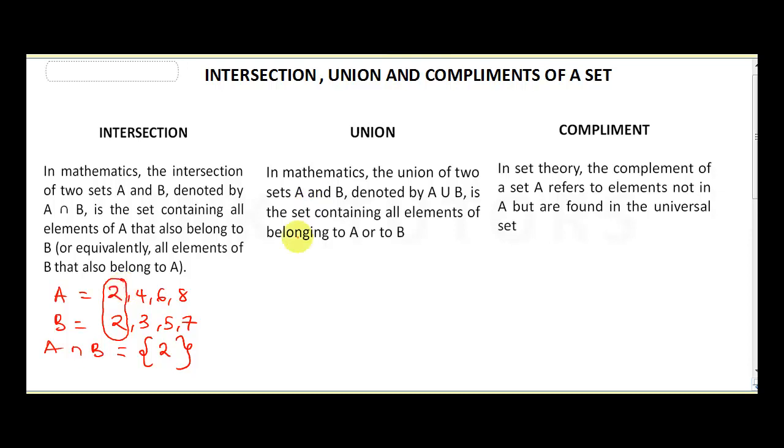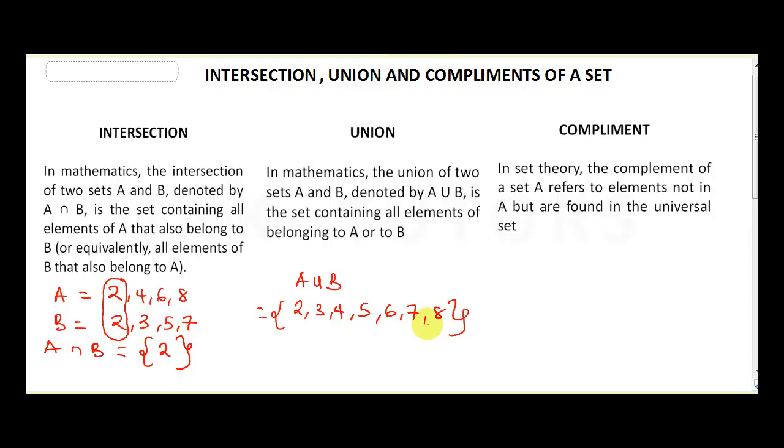So for instance, we still use the same example. If we were to say A union B, from our example, 2 can be found, 3 can be found. 3 is coming from B, 4 is coming from A, 5 is coming from B, 6 is coming from A, 7 and 8.